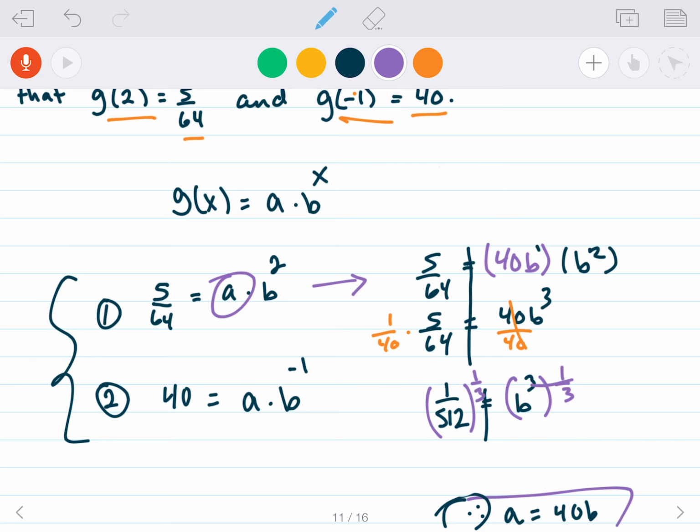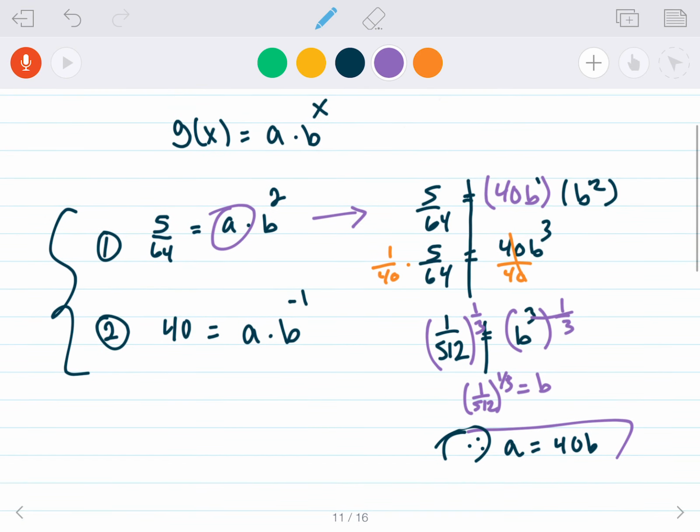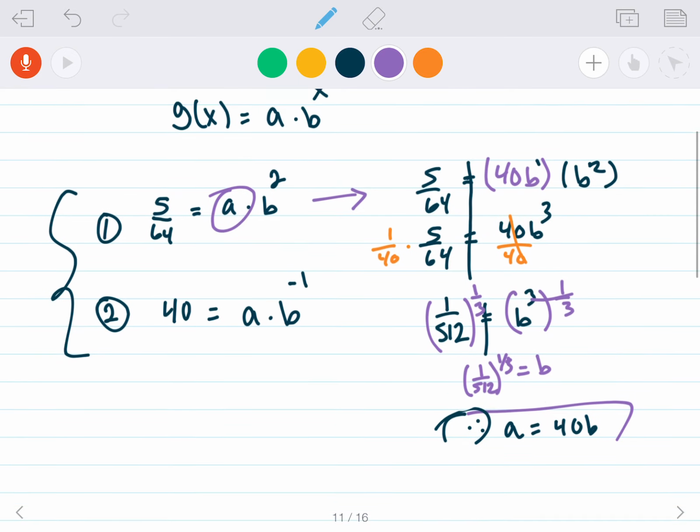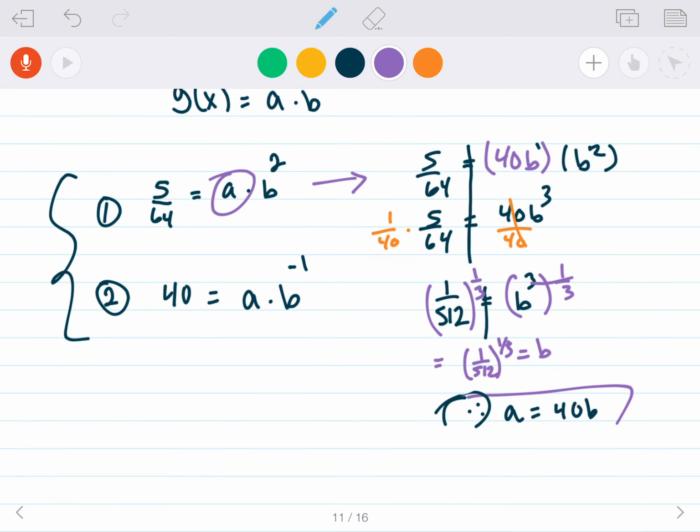So that clears. And I'm left with b is equal to 1 over 512 to the 1/3. Okay, so that's going to give me 1 over 8. So b is equal to 1 over 8.